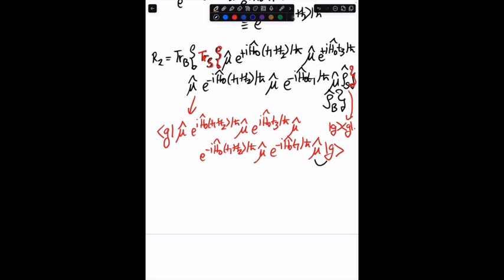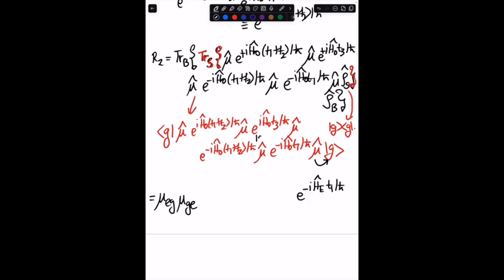So μ acting on |g> gives you μ_eg, and then you have a |e> here, and then you have a time propagator over t1 which yields e^{-iH_e t1/ħ}, and then this dipole operator acts on |e> and brings it back to the ground state. So you get μ_ge.